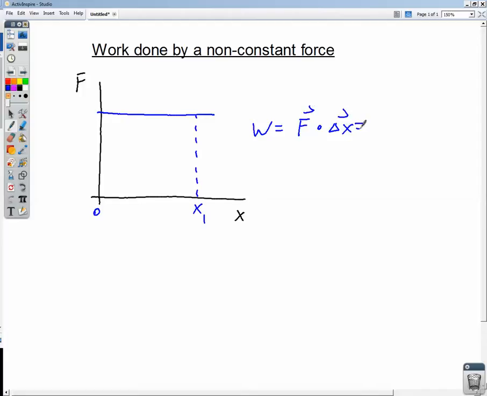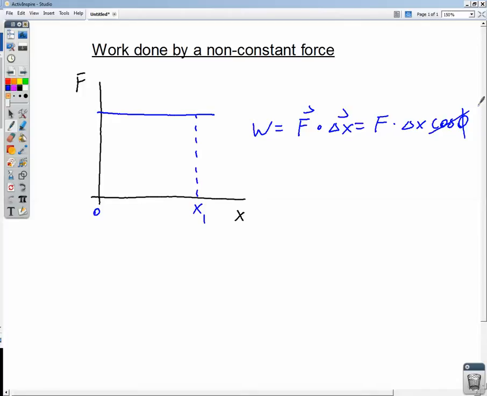That's F, the magnitude of the force, times the displacement, times the cosine of the angle between them. Let's say, for argument's sake, that the force is in the same direction as delta x, so the cosine of phi is going to be 1. So we're just looking at the work is equal to force times delta x.